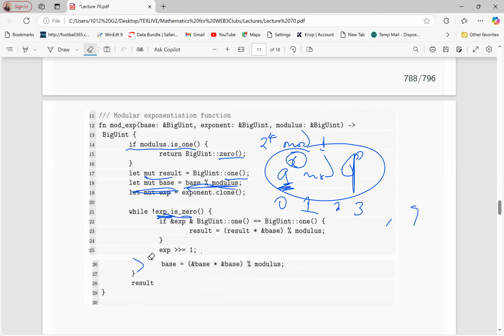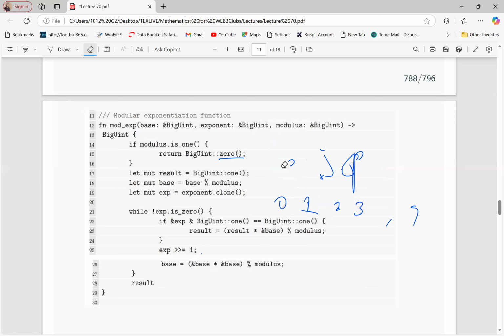So that is how the exponentiation will be done. That is the first function that we require, apart from the main function.